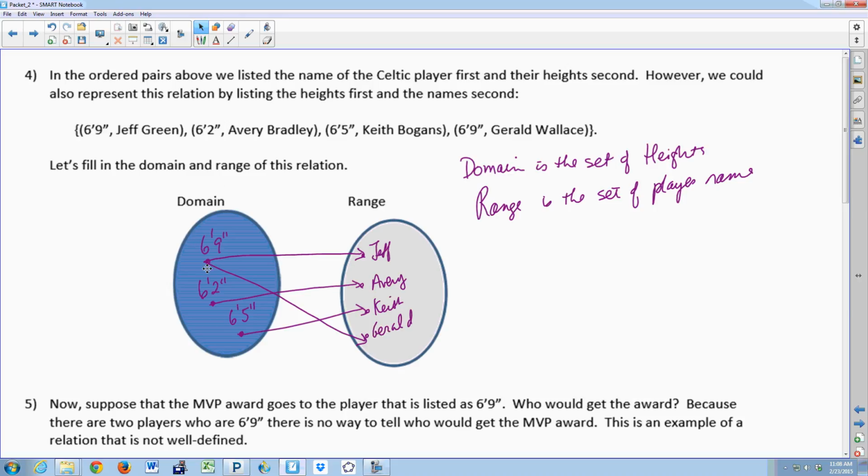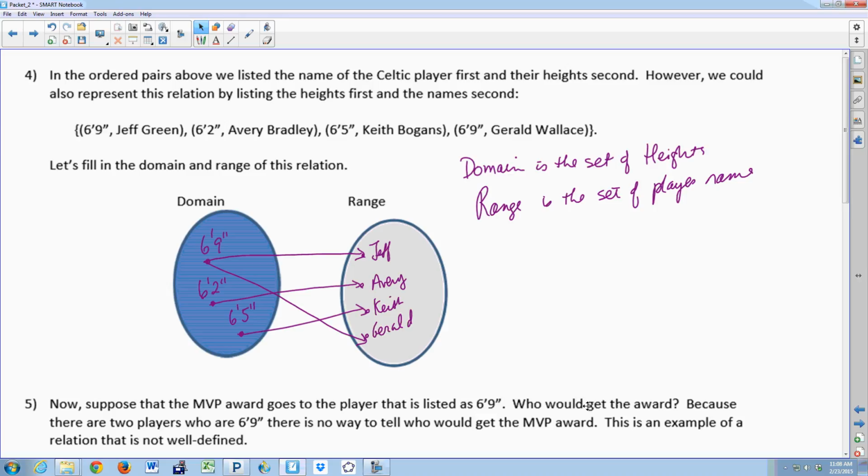All right, so without reading, if you can not look further down on your page, if I told you that we're going to give the most valuable player award to the person who was 6 feet 9 inches, who would I give it to? No, we can't give it to two people. We can't give it to Jeff Green and Gerald Wallace.